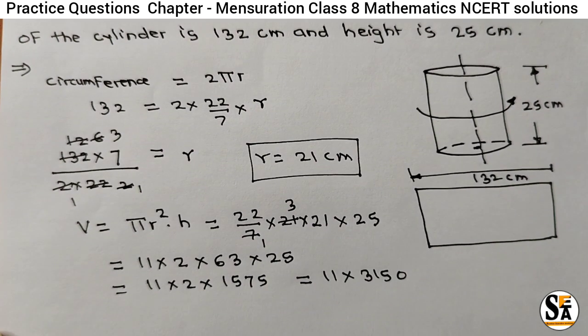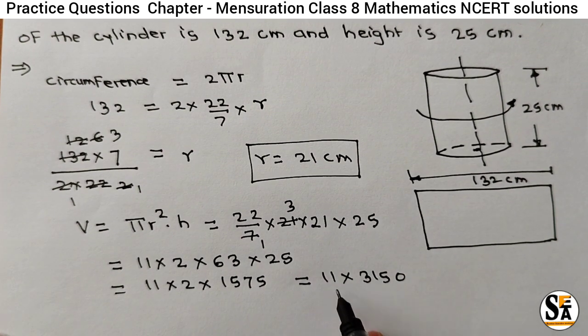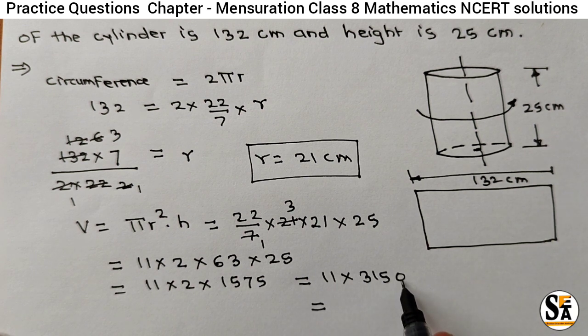Now there is a simple trick for the multiplication with 11. Keep this unit place as it is, then take the addition of this unit place and 10 place, 0 plus 5, here 5, then addition of this 5 plus 1, that is 6, addition of this 1 plus 3, that is 4, and this 3 as it is.